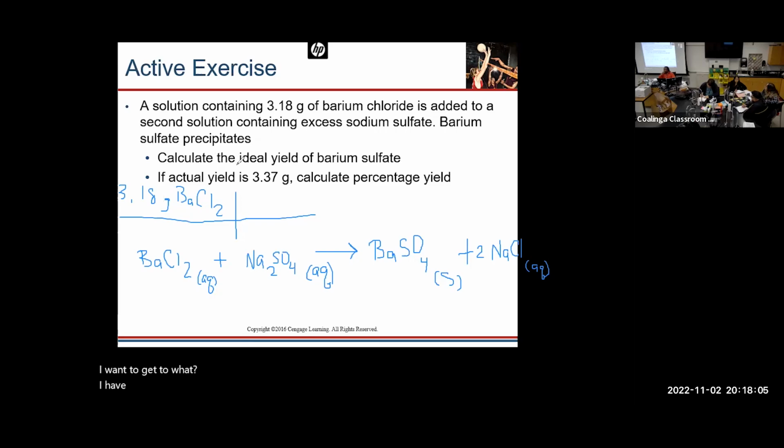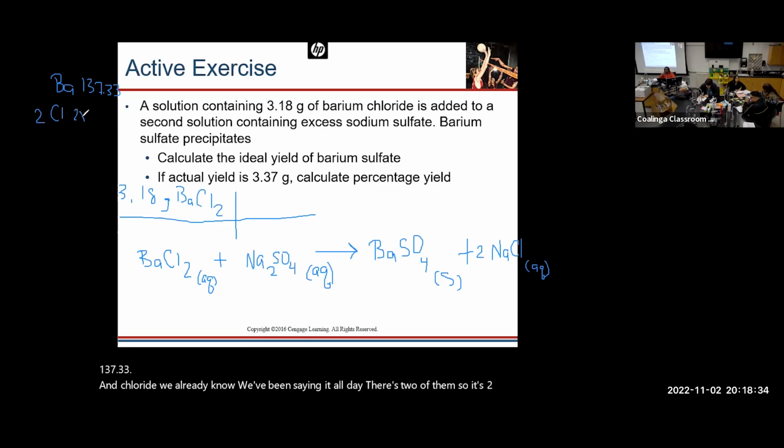I want to get to moles. How do I get to moles? The molar mass. So we have one barium. Barium weighs how much? 137.33. And chloride, we already know, we've been saying it all day. There are two of them, so it's 2 times 35.45.